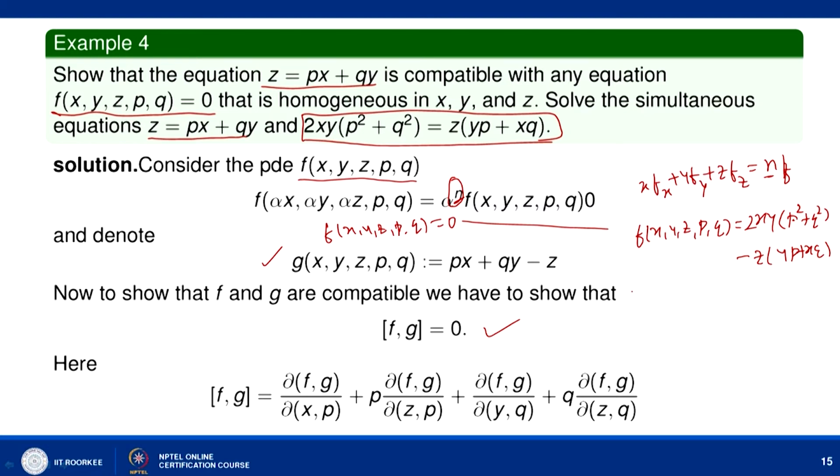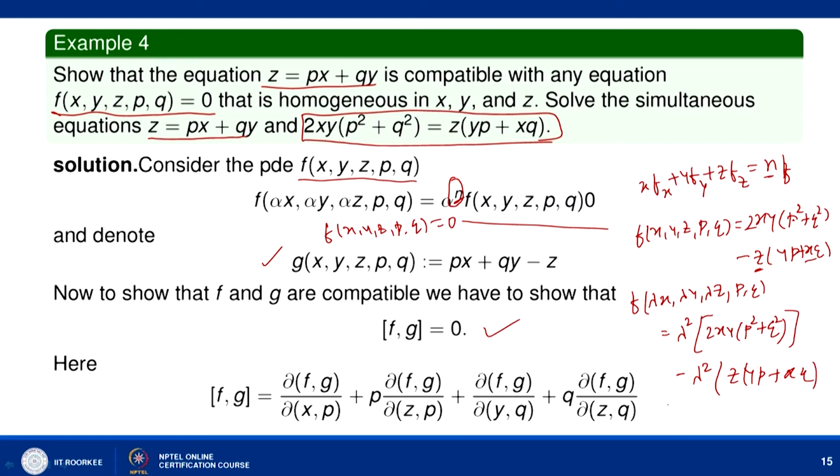Now in place of x, y, z, let us write lambda x, lambda y, lambda z, p, q, and if you simplify, what do you get? You get lambda square common from the first term, 2xy(p square plus q square), and from the second term, lambda z and lambda y, so again you can take out lambda square, and you get zy p plus, here also from this one lambda and from this one lambda. So lambda square you can take out. So x cube, right.